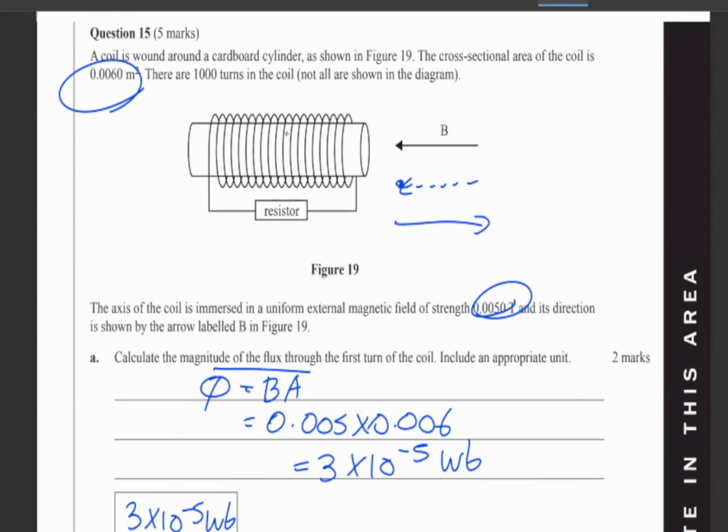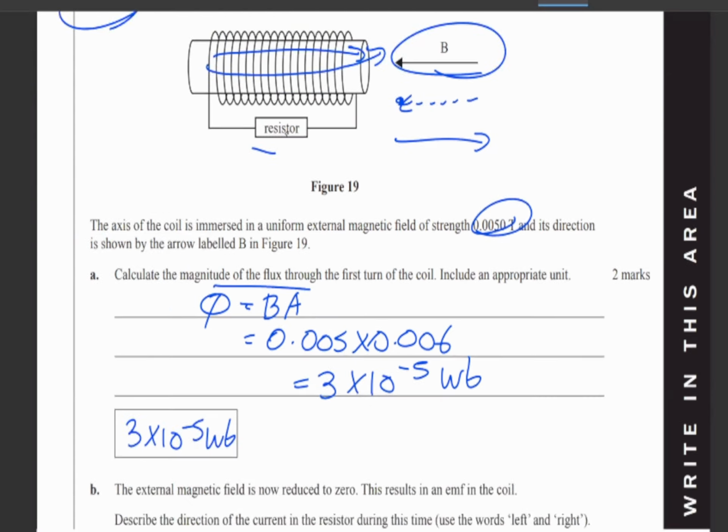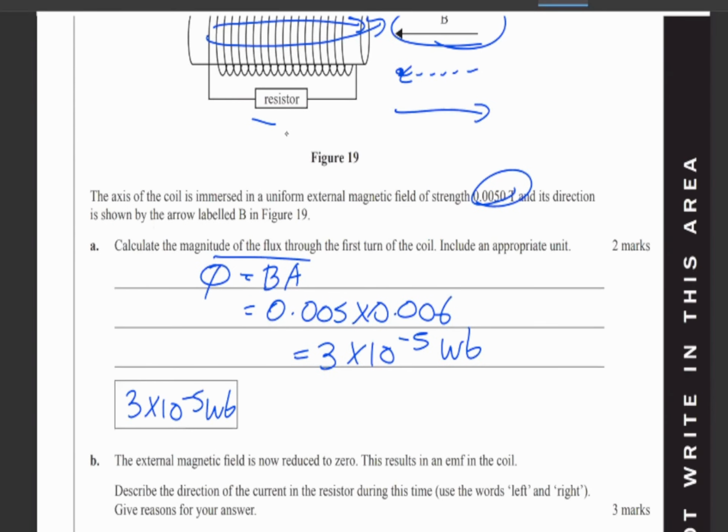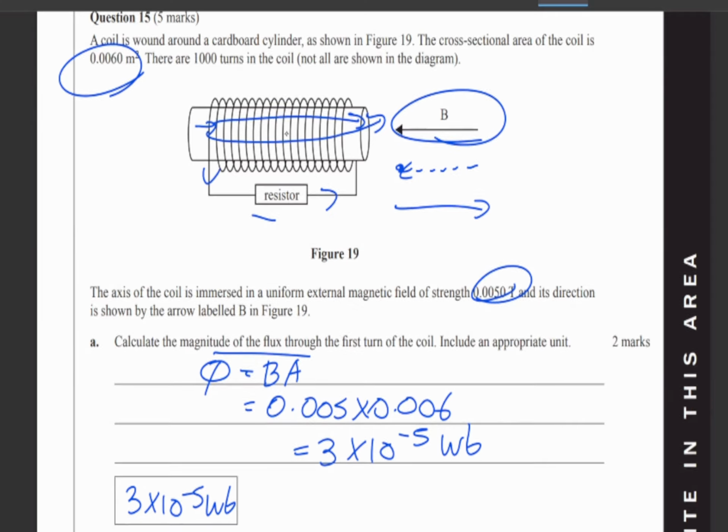So it's going to go from here to here, the magnetic field. If the resistor is creating its own magnetic field in the opposite direction of this, then we can use the right-hand grip rule. Since it's going this way, you can use the right-hand grip rule and say it's going like that.